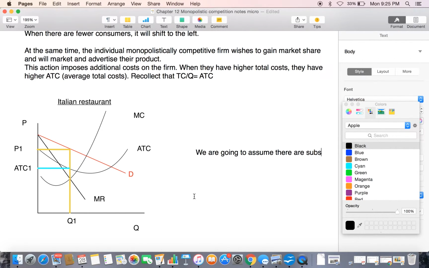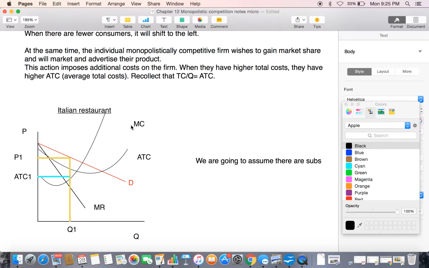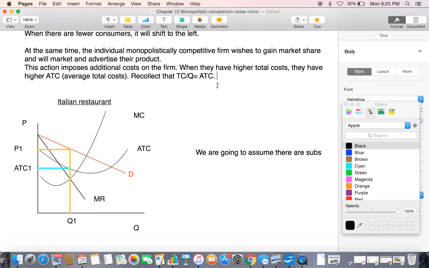So where price is greater than average total cost, we have profit.